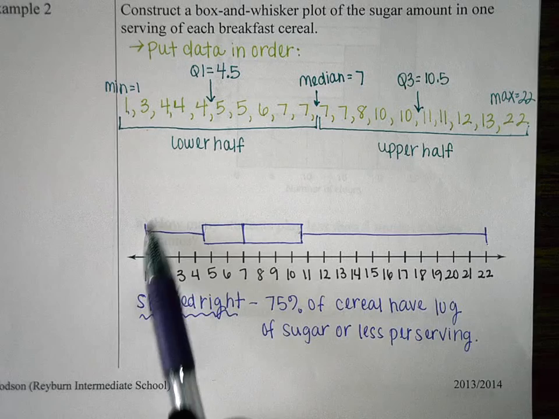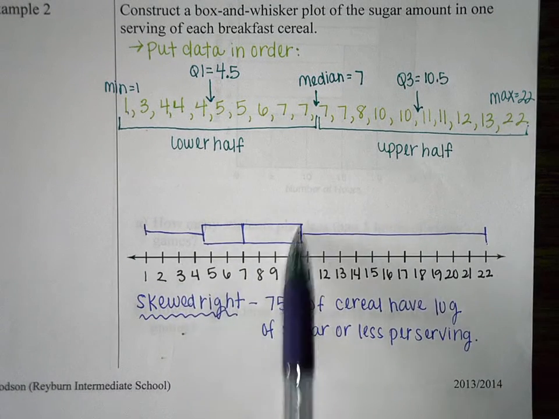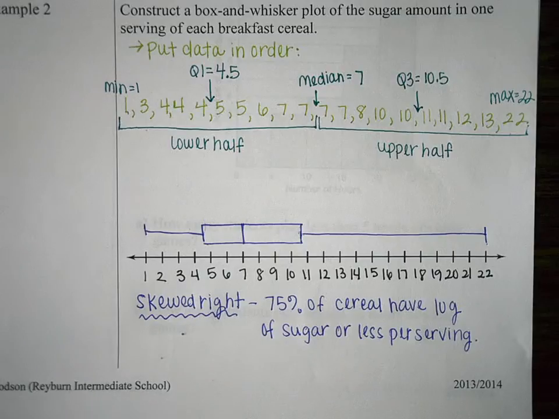Because 75% of our data, 3 of our 4 quadrants, is on the left-hand side, so they have less amount of sugar. So that's constructing a box and whisker plot, which should be reviewed from 7th grade.